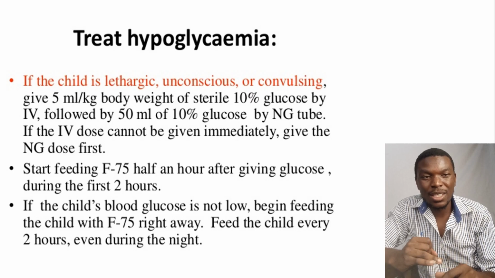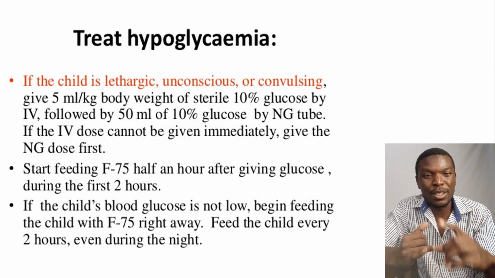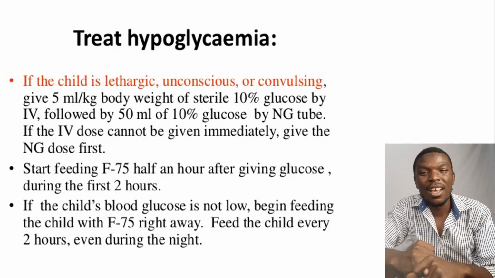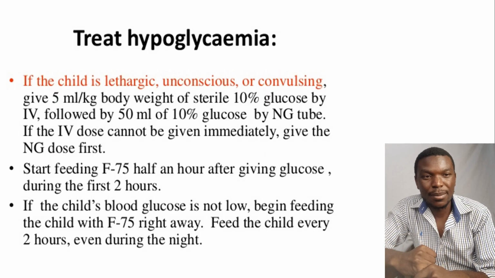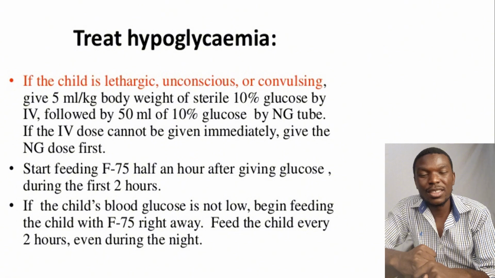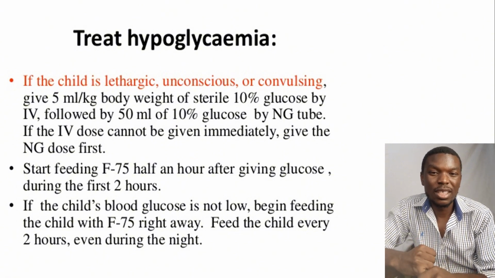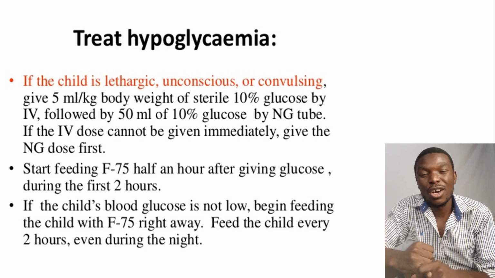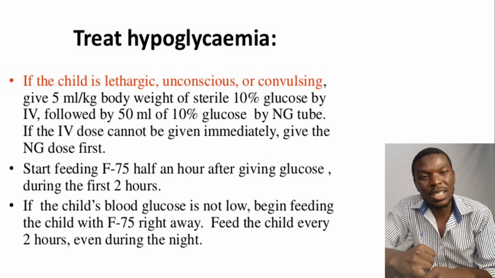Then, if the child gains consciousness and is able to feed, we'll start feeding with F75 an hour after giving the glucose during the first 2 hours. So you can start feeding this child after 1 hour. Of course, you continue monitoring the blood sugars.